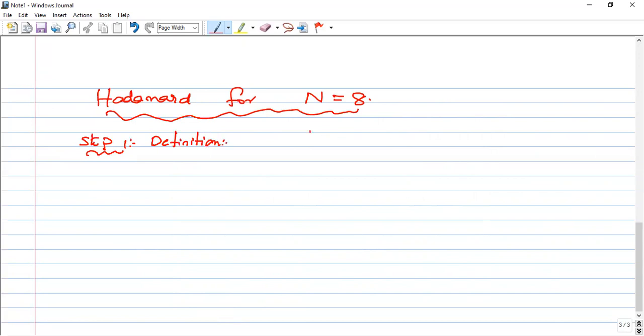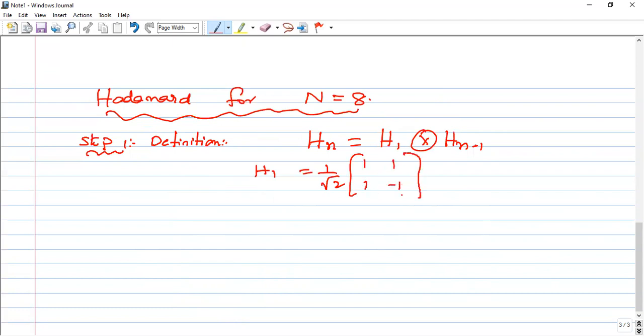What is the Hadamard definition? Hn is equal to H1 Kronecker product of Hn minus 1, where H1 is equal to 1 by root 2 of the matrix 1 1, 1 minus 1.